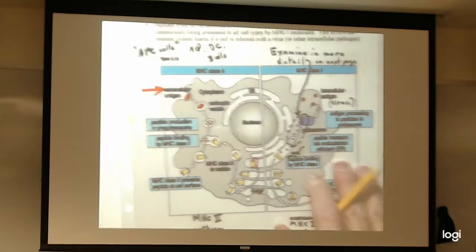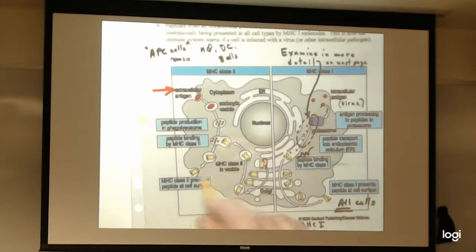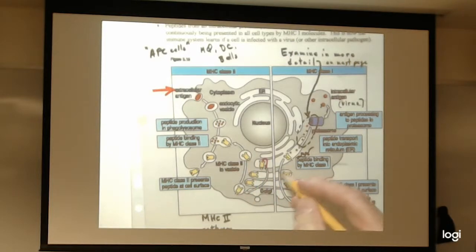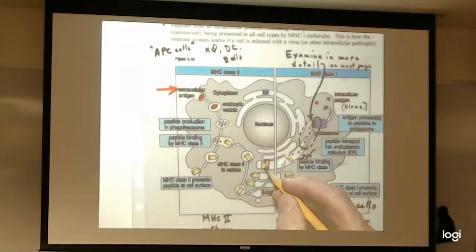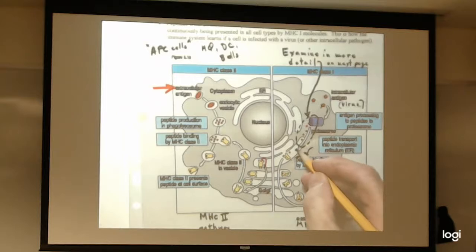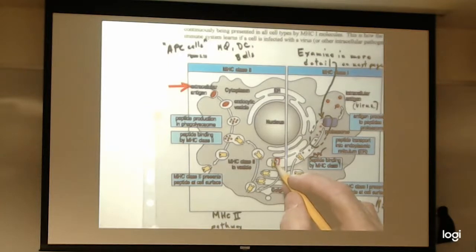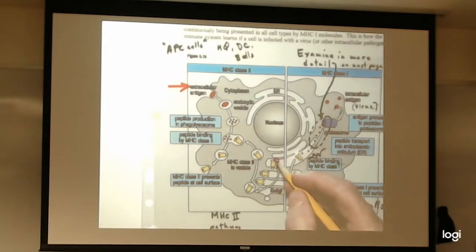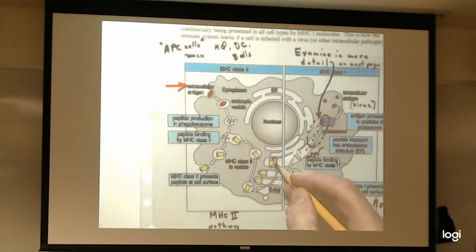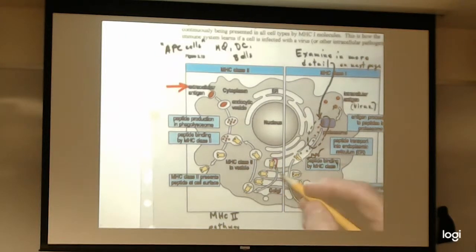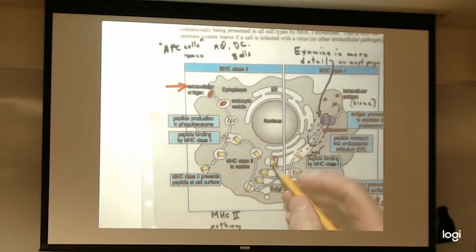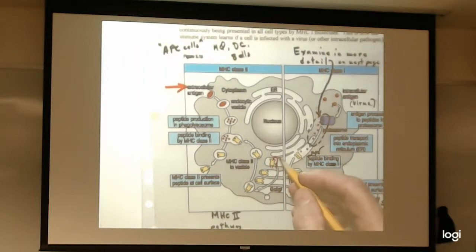Right? And then we said, on the other hand, for class 2 molecules, here's a newly made class 2 molecule. Why don't these peptides also load on to that newly made class 2 molecule? Well, that's because the peptide binding site is covered by the so-called II protein, and it blocks the binding of these peptides.